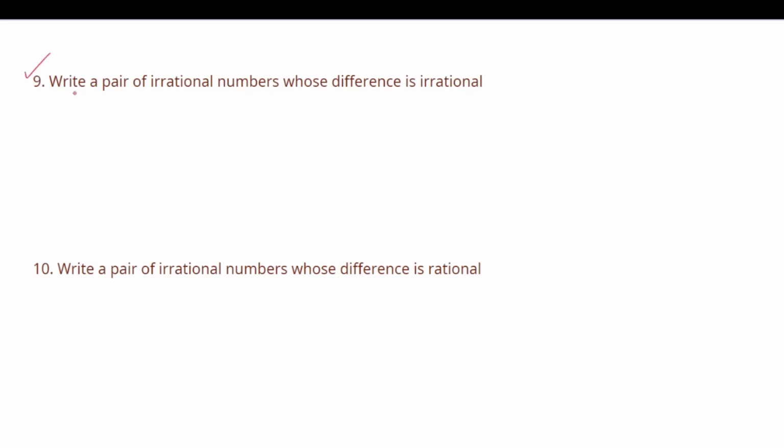Question number 9. Write a pair of irrational numbers whose difference is irrational. So 3 plus root 2 minus 3 minus root 2. This is irrational, this is also irrational, and their difference is equal to 3 plus root 2 minus 3 plus root 2. The 3 gets cancelled, and this will be twice root 2, which is irrational.